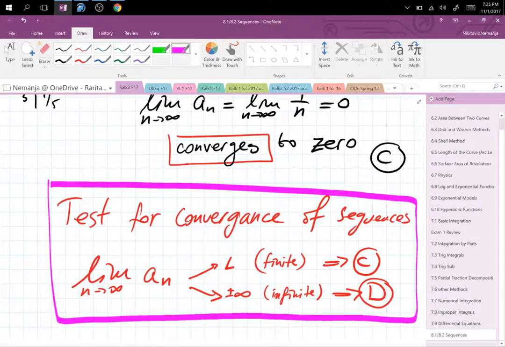Because L, a limit, is a finite value, like we had 0 above. So having the correct C or D circled brings you 2 out of 8 or 2 out of 10 points for the problem, because that's the finite answer.